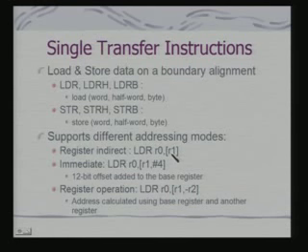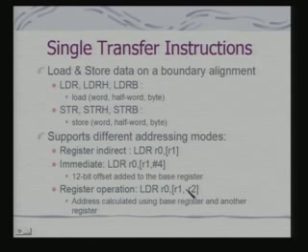In fact, these load store instructions support a variety of addressing modes. The simplest addressing mode is register indirect. Here, the memory address is specified in a register. A variation of this will be found in this case, where I have specified an immediate mode offset.